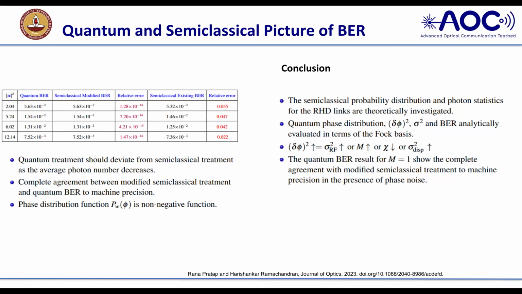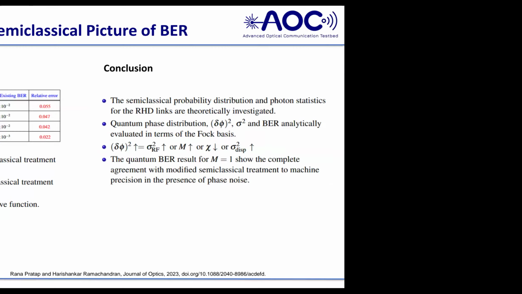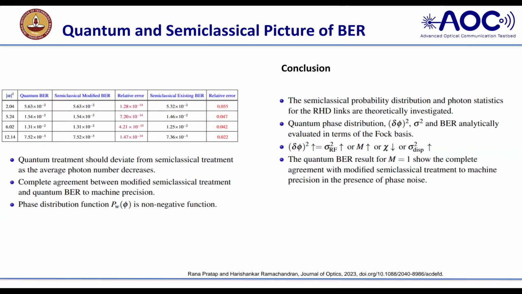Then the question after that: now we have considered the coherent state, but when you want to give the bit error rate, now we are using an entangled state, and I want to minimize the bit error rate for a lower number of photons. So we are using a squeezed coherent state.